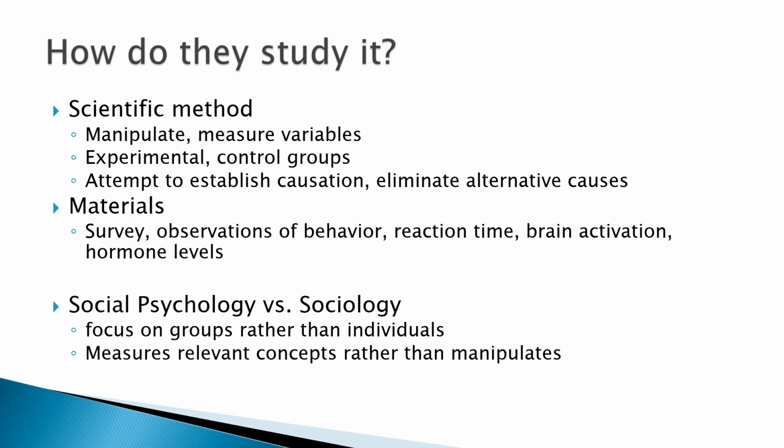So you're a lot more likely to see research in social psychology that involves random assignment, where there's different groups and they experience different outcomes, and you look to see how that changes how people might react. Whereas sociology tends to take a look at something as it is and just study it in a lot of great detail and take a look at patterns. So social psychology is more focused on empirical research that involves, once again, that manipulation, whereas sociology is more observational.